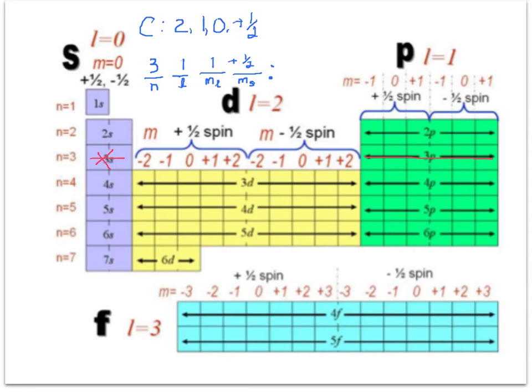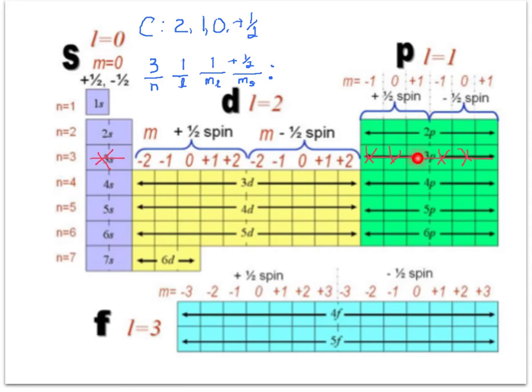Now the M sub L value, our magnetic quantum number, is 1. So we look here and see which of those are 1. Can't be here, can't be here, can't be here, and it can't be here.